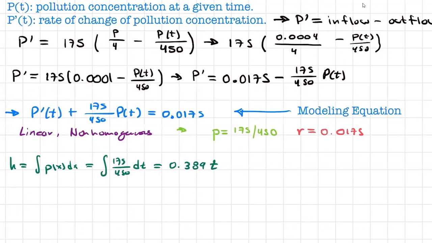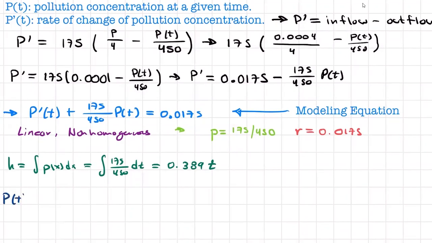Then solving for our actual P(t), or pollution at any moment in time, or the pollution concentration, it will be e to the negative h times the integral of e to the h times r(t), in this case we're going to name it r(t) dt, plus c, just because we're following those variables for today.